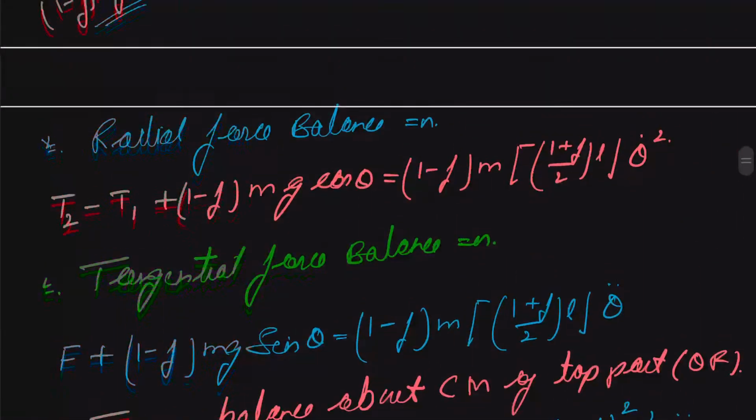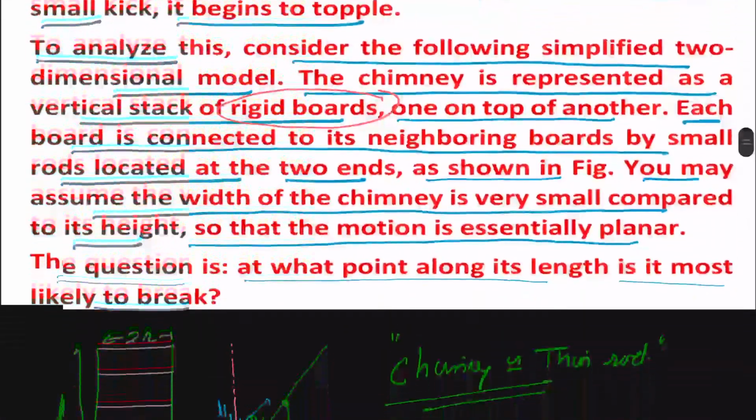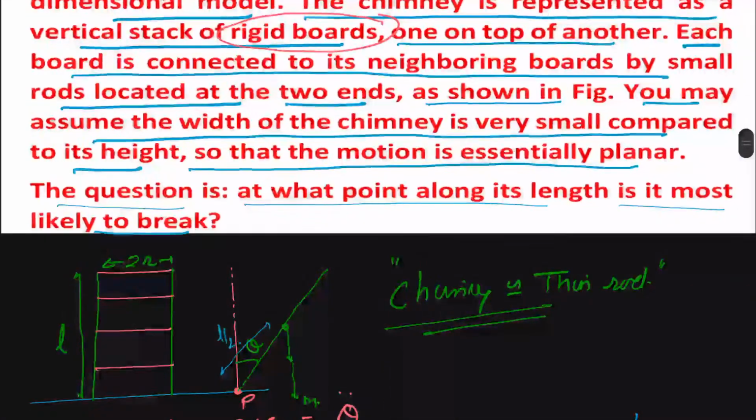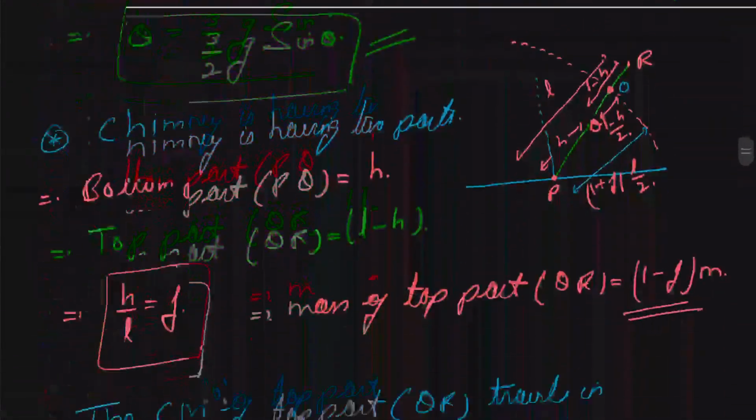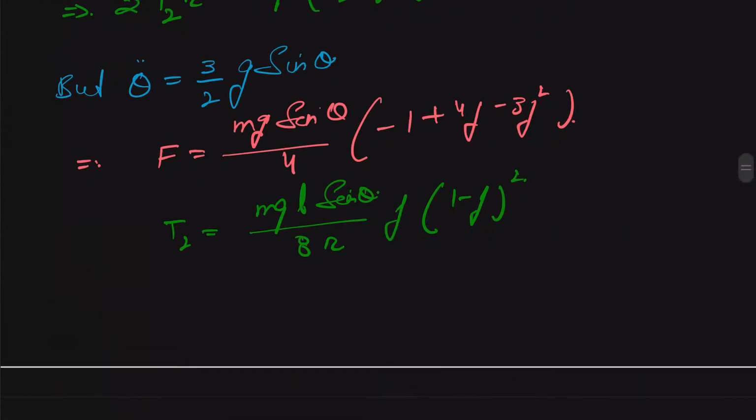And in the question we are supposed to find out at what point along the length it is most likely to break. So it means we have to find the maximum value of T2. That's why we found the equation of T2, because when T2 is maximum, this particular building has the tendency to break.